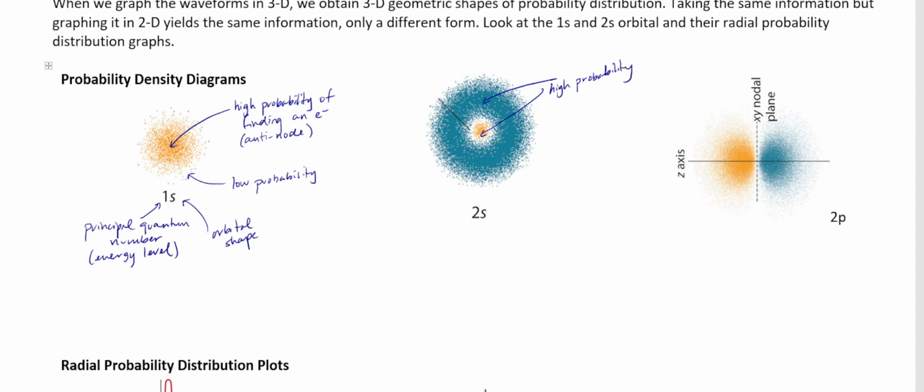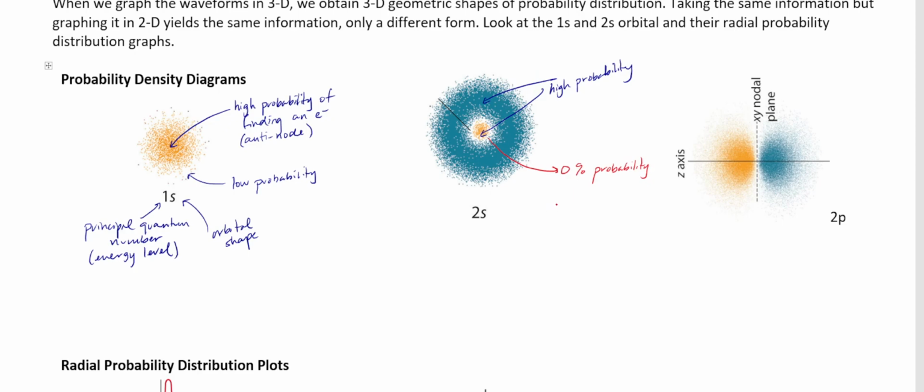What you may also notice, though, is that there is this white region in between these 2 regions of high probability. That white region right there represents a location of 0% probability of finding an electron.